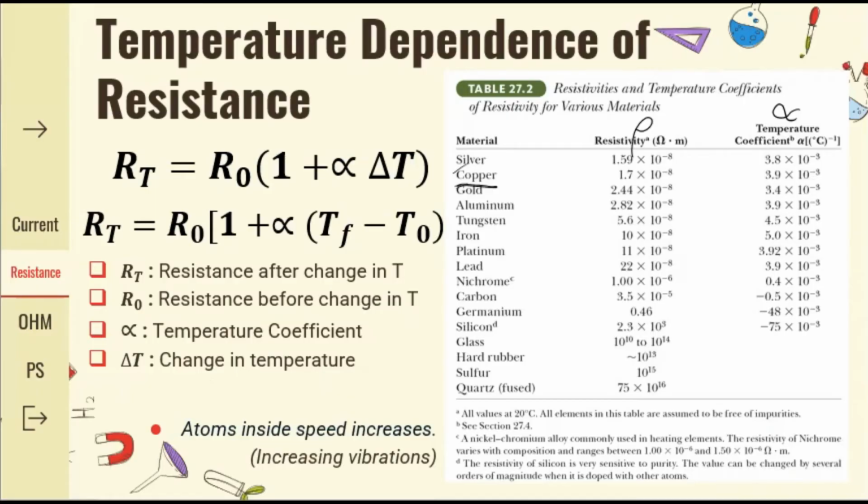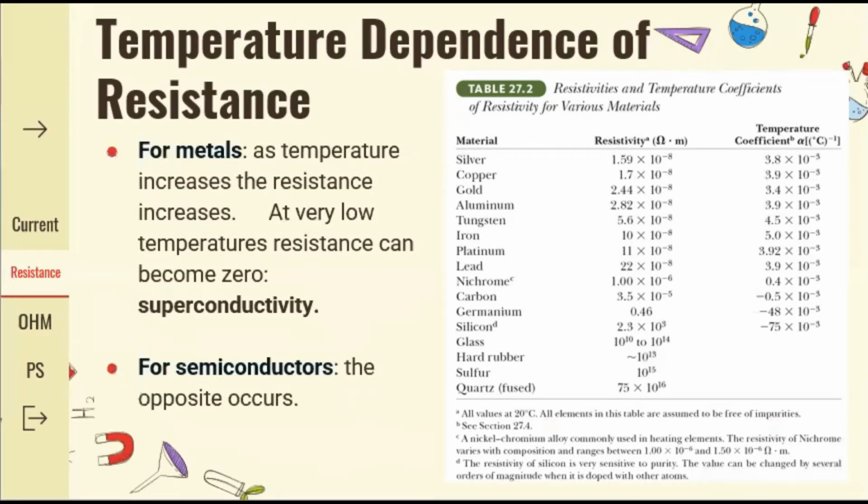For metals, since most of the materials given here are metals, as temperature increases, the resistance also increases. At a very low temperature, resistance can become zero. The resistance also goes down. When no resistance can be measured in an object or material, it means that material is very conductive.